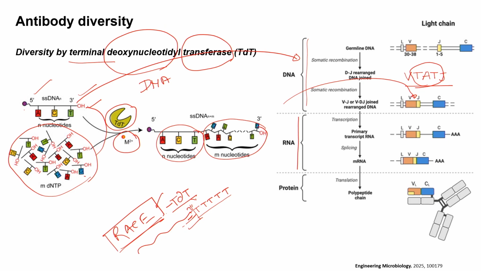What is important here is we know that there is already variation happening because of the V and J recombination. In addition to that recombination, the DNA is added with some specific additional nucleotides in between the two segments, and therefore this could lead to variation.